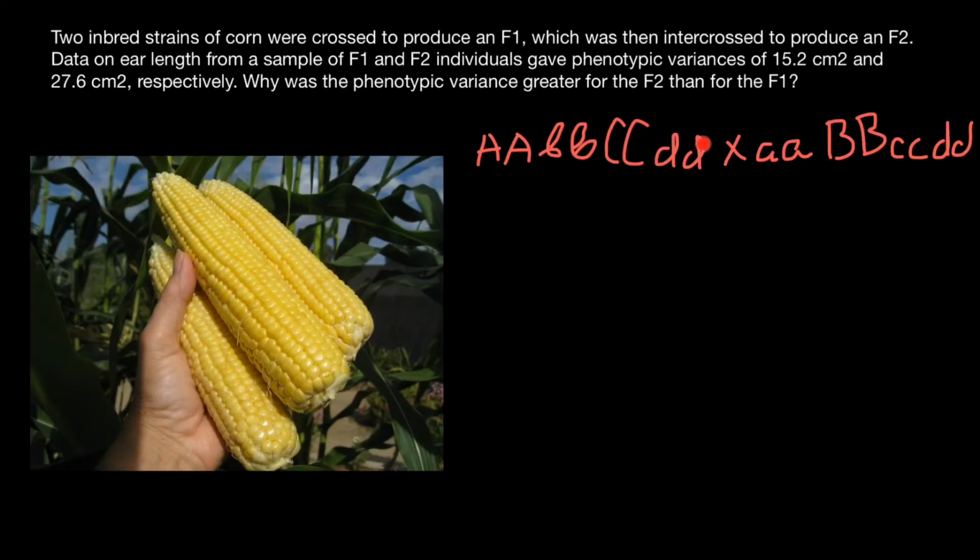For example, the locus for the gene D can be homozygous recessive in both lines. But we also expect that for certain loci, these two strains would be different. For example, one would be homozygous dominant, another homozygous recessive. So this is an example of two inbred lines.